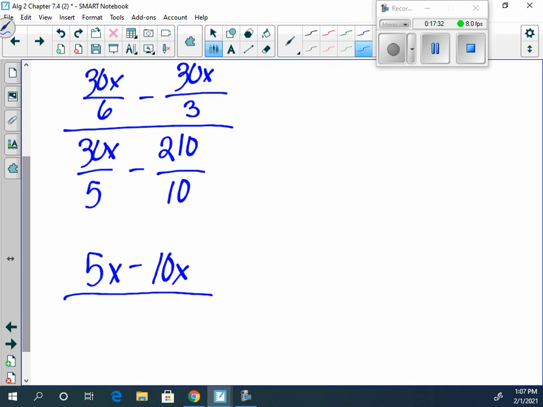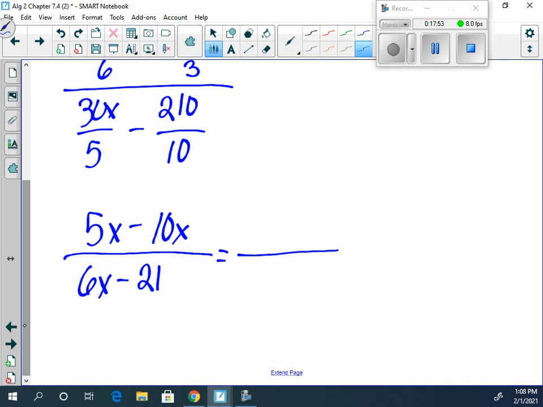Now we can look at the denominator. 30x divided by 5 would be 6x minus 210 divided by 10 is 21. So we simplified this down here.